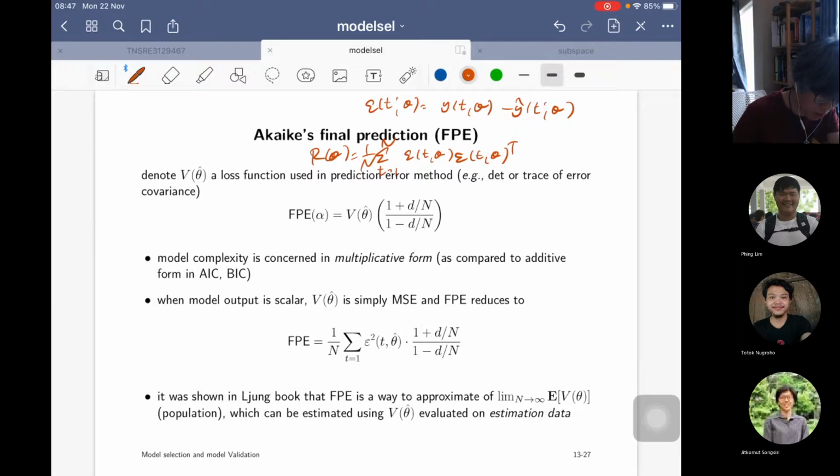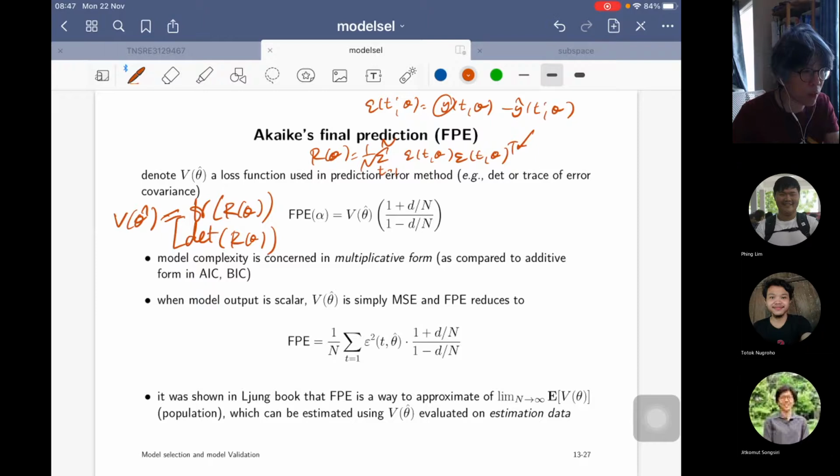It depends on the dimension of y. If y is a vector, of course, we have this transpose. The loss function, as we will see in the PEM lecture, can have many choices depending on what you pick. Some common choices are the trace function or the determinant function, as we saw before.